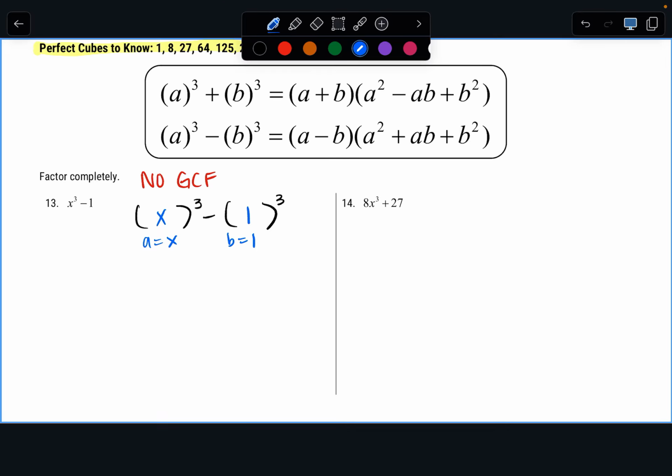Once you've identified what a is and what b is, you can go in and look at the operation, because for cubes, it's going to make a difference. Look at the operation and see what formula you should be using. So we're looking at the bottom formula for example 13. I'm going to go in and I'm just going to take my a and my b that I have, and I'm going to plug it into the formula.